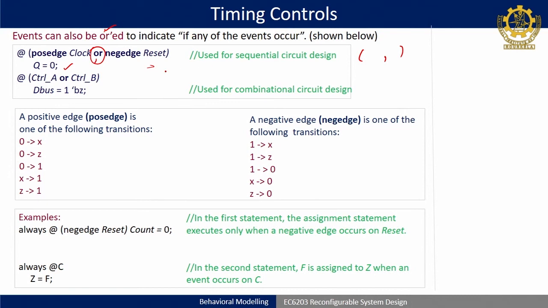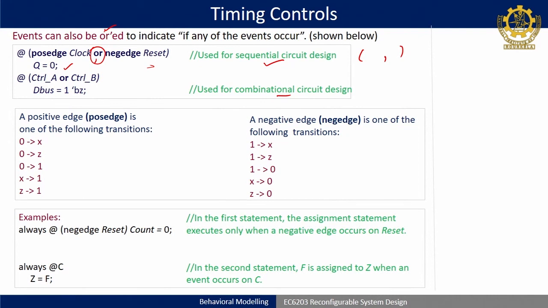When you are writing all these things as posedge or negedge, it will create a sequential design. But there are certain situations where you have not written posedge or negedge, like I have written an OR of two operands, control A or control B. That means if control A is true or control B is true, in that case the data bus output will become high impedance, let us say Z. If you synthesize these two statements, the first will create a flip flop, but the second will never create a flip flop, it will create a combinational design.